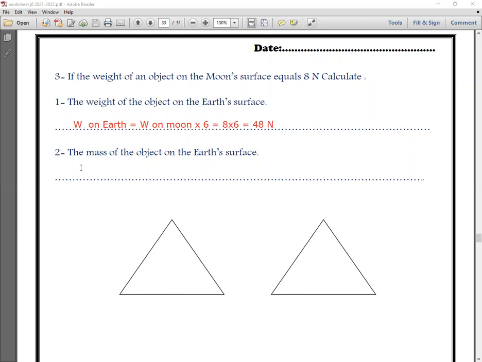Number 2, the mass of an object on the Earth's surface. We need here the mass. Mass equals what?